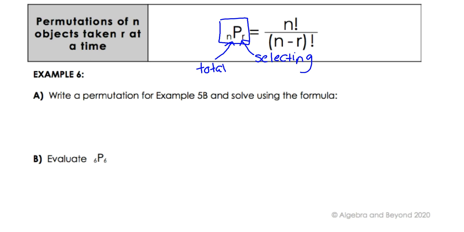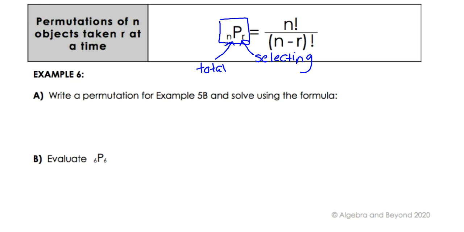So when we are taking a certain number out of a total, the number of ways we can pick that many objects is n factorial over n minus r factorial. So let's look at an example of that. In example 6, part A, it says write a permutation for example 5b and solve using the formula. In 5b, if you remember, that was the first place gets a trophy, second place gets a medal.